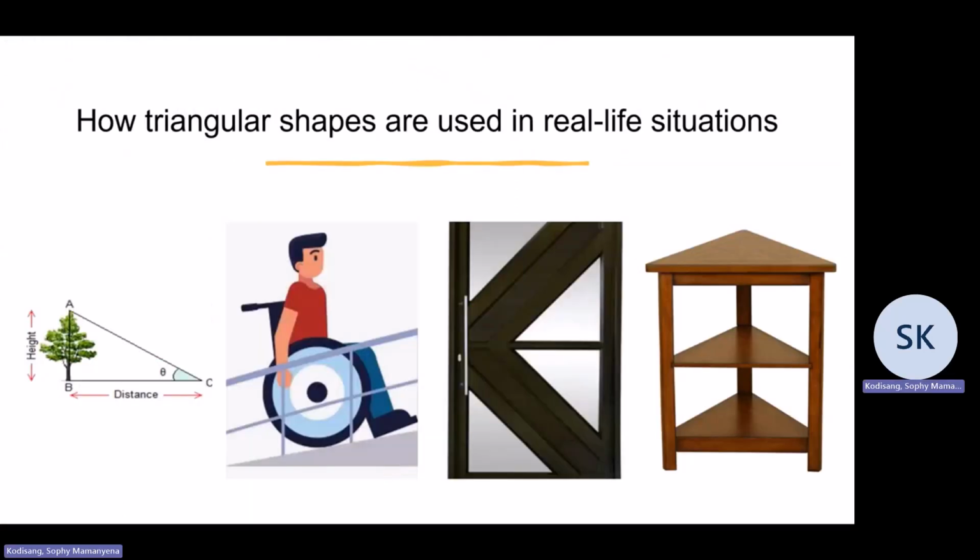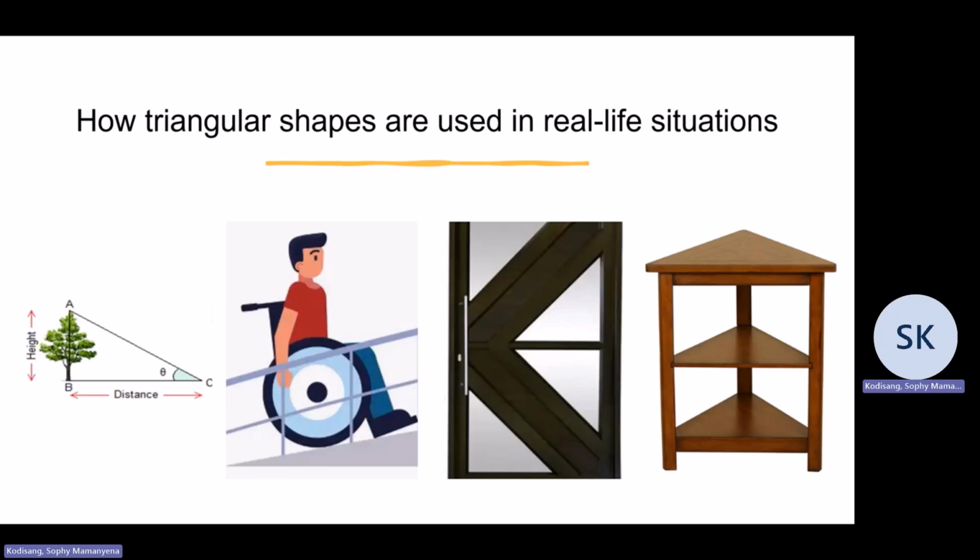Now, because we are going to deal with triangles or triangular shapes, these shapes are all around us in everyday life, often providing strength, stability, and practical use. For example, the design of wheelchair ramps often relies on triangular structures to ensure safe and steady support.